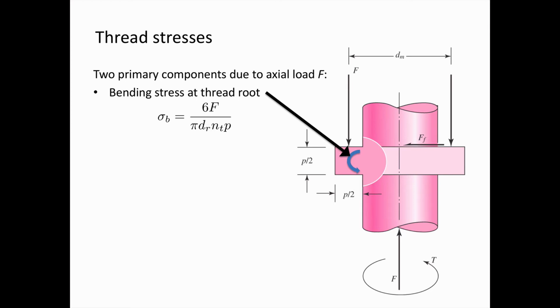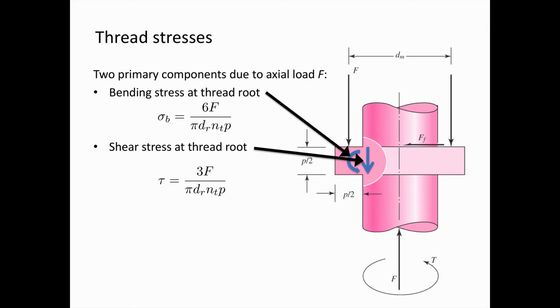So we can think of the thread as a cantilever beam. And with the geometry defined here, the bending stress at the thread root is going to be equal to 6 times the axial force over pi times the root diameter times n_t, the number of threads that are actively engaged with the nut, times the pitch.